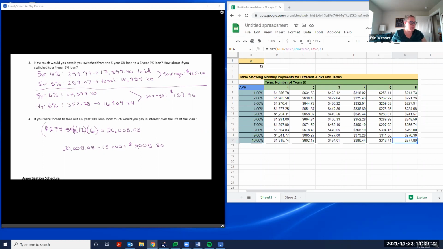So the next thing we're going to look at is the amortization schedule. What amortization schedules do is show you how much you're paying each month and also how your account balance, or your loan balance, changes after you make those payments.